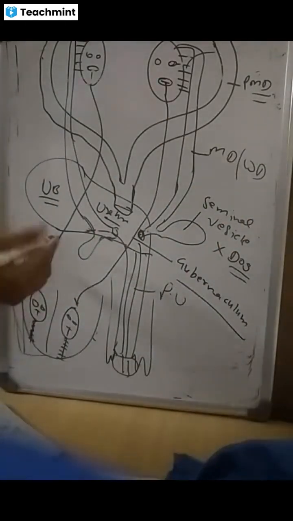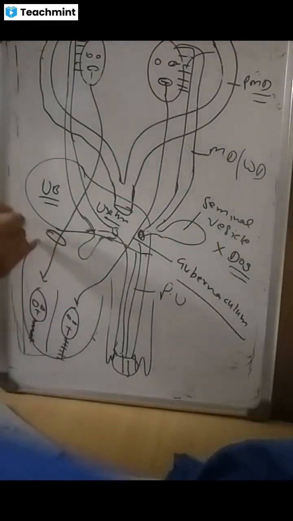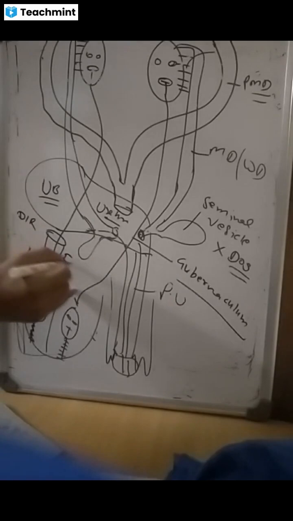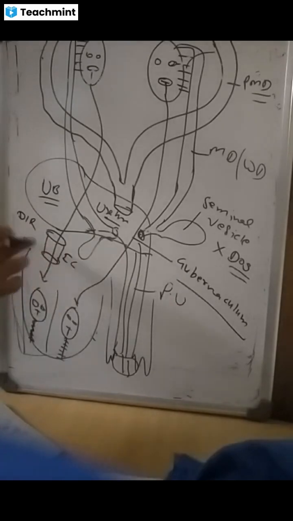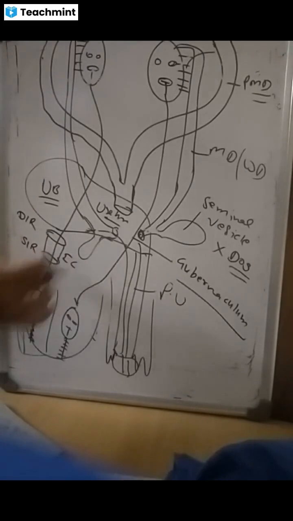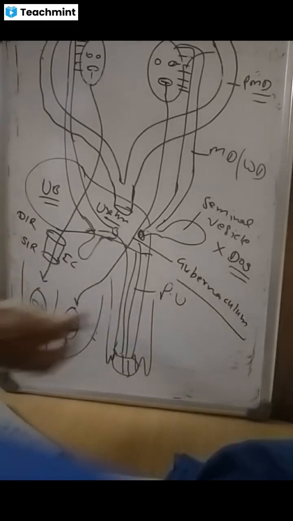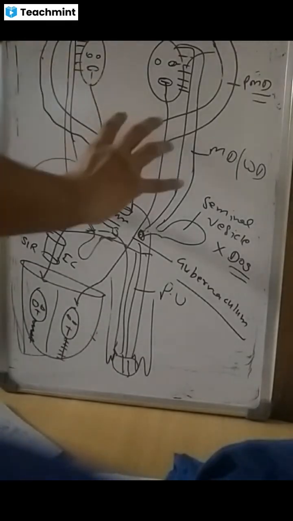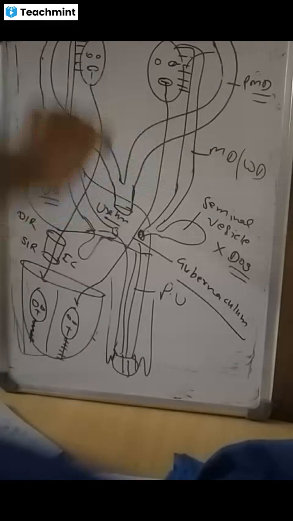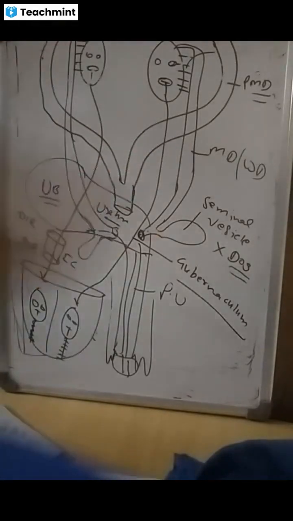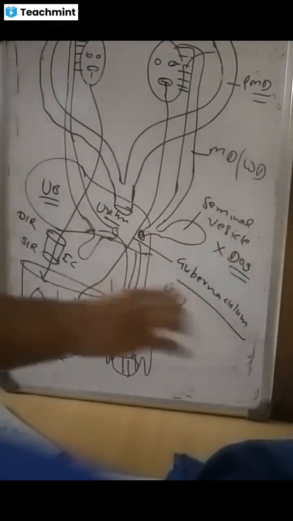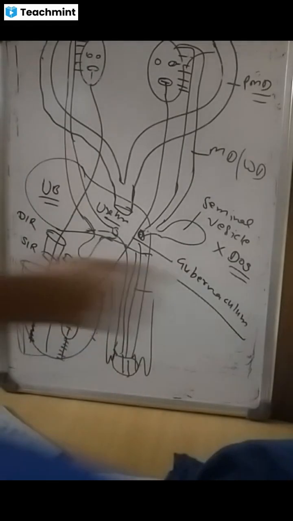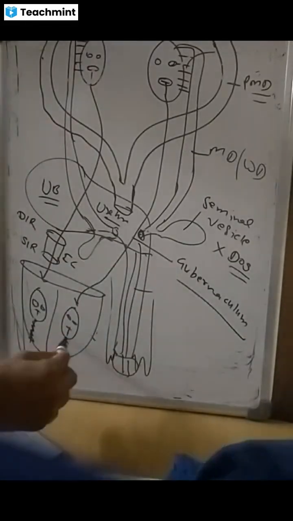How do they enter the scrotum? First they pass the deep inguinal ring, then the inguinal canal, then the superficial inguinal ring. After this, the role of the gubernaculum is over, and it will be represented here in the form of remnants. Two remnants.